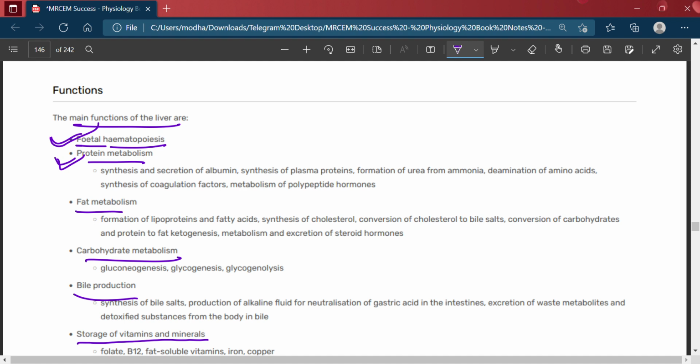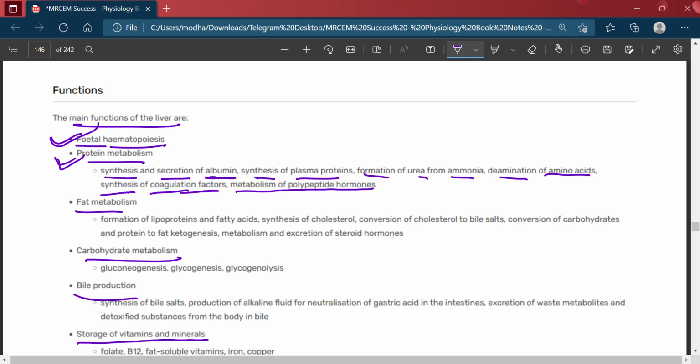In the protein metabolism: the synthesis and secretion of albumin, synthesis of plasma protein, formation of urea from ammonia, deamination of amino acids, synthesis of the coagulation factors, and metabolism of the polypeptide hormone.